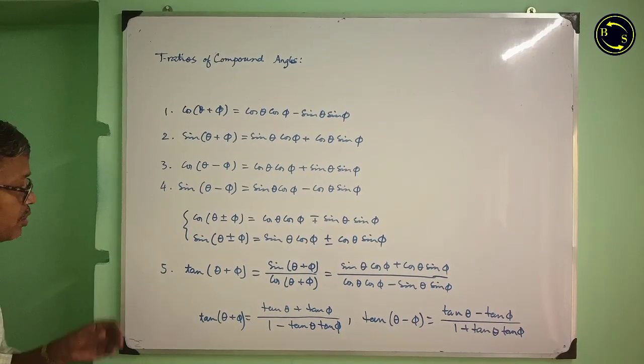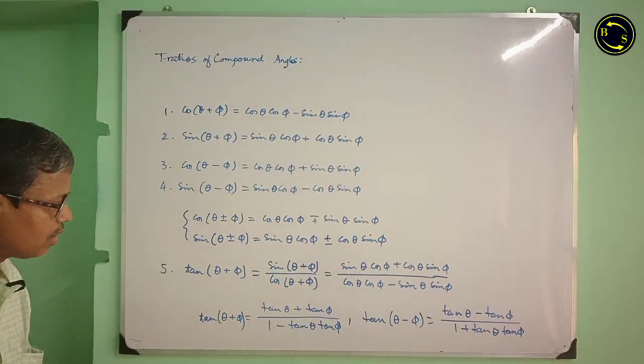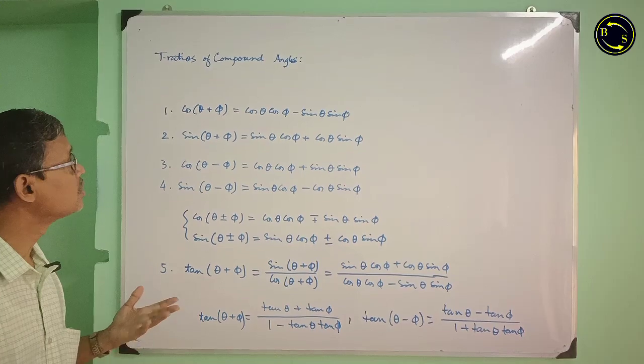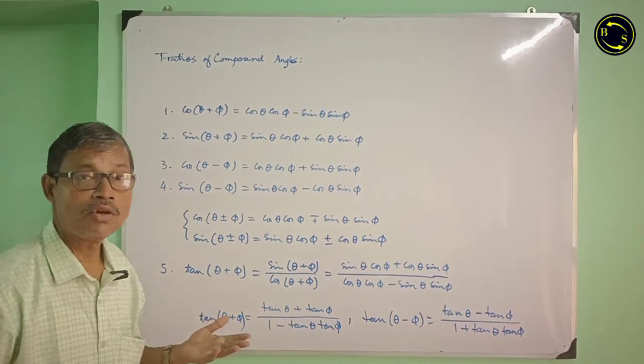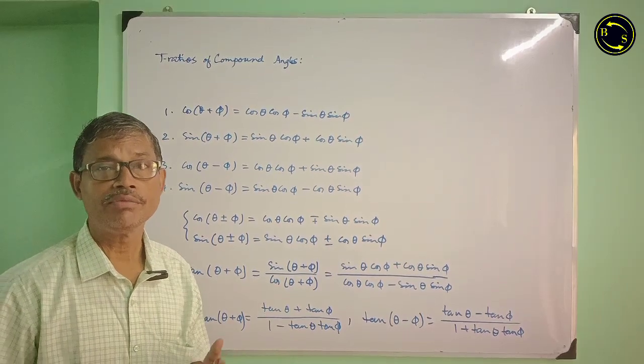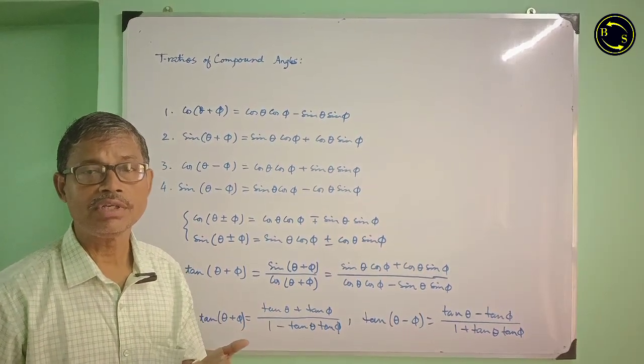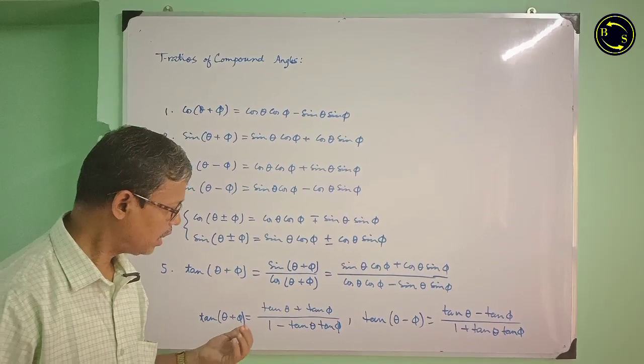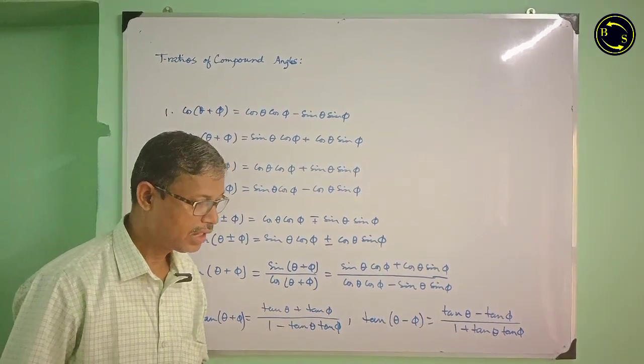Thus, we have reduced the identities sine of theta plus phi, cos of theta plus phi, tan of theta plus phi, sine of theta minus phi, cos of theta minus phi, and tan of theta minus phi.